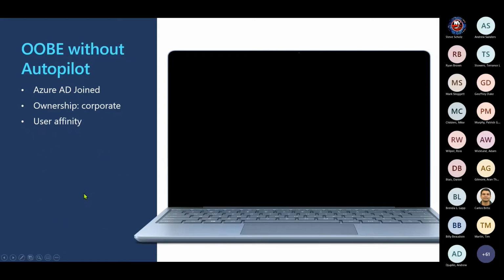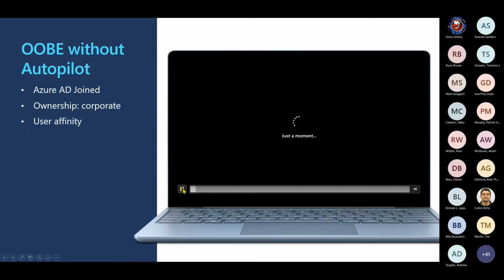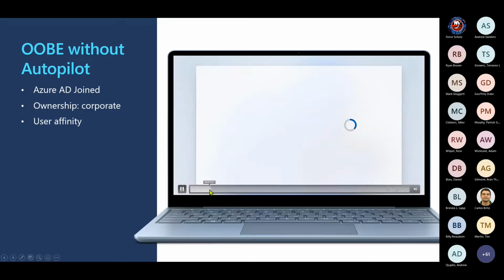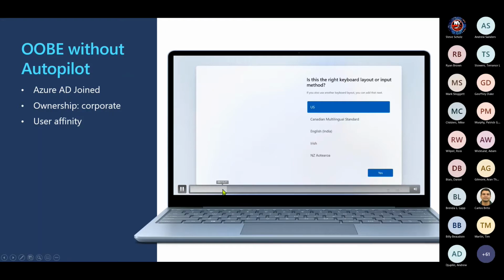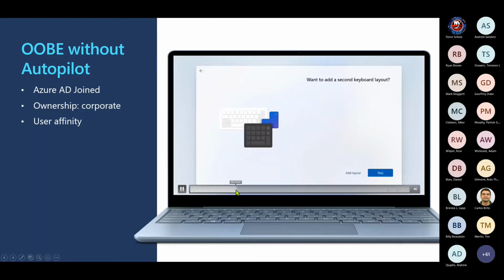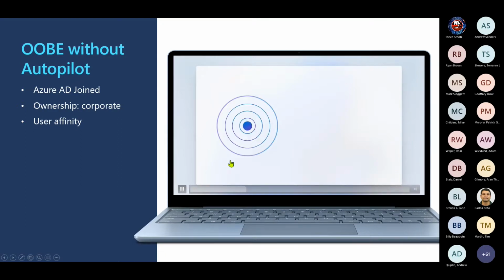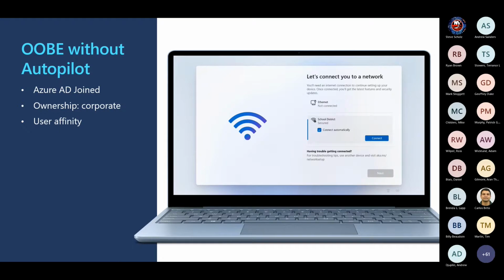So again, here you're able to choose to put a name, but in our case we're going to skip the naming part of the process, just so it doesn't cause a restart in the middle of the OOBE flow.